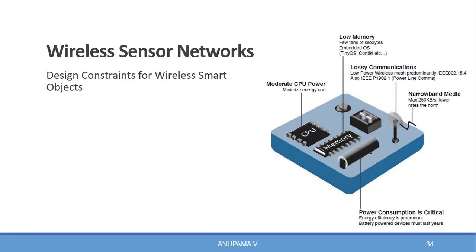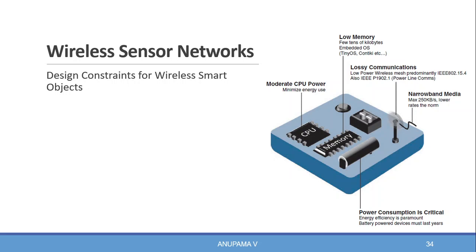Then the power consumption is critical. Maybe the smart object may be battery operated and power consumption is critical. Energy efficiency is paramount. Battery powered devices must last for years.